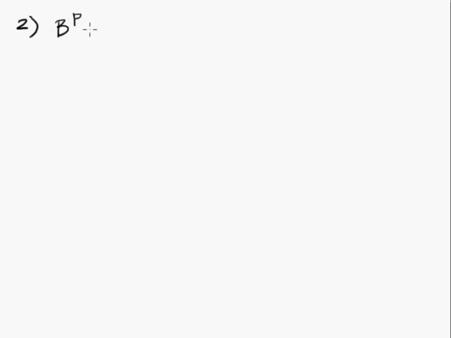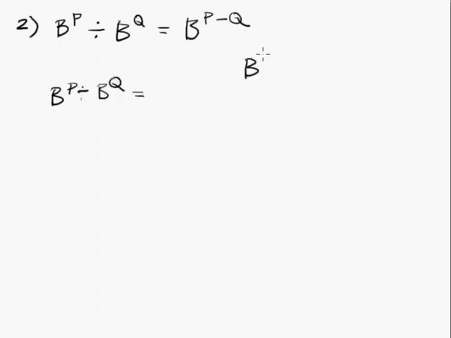Okay, rule number 2, b to the power of p divided by b to the power of q equals b to the power of p minus q. Well, we can do this as a fraction. b to the power of p divided by b to the power of q is just b to the power of p over b to the power of q, and then we can use the definition.